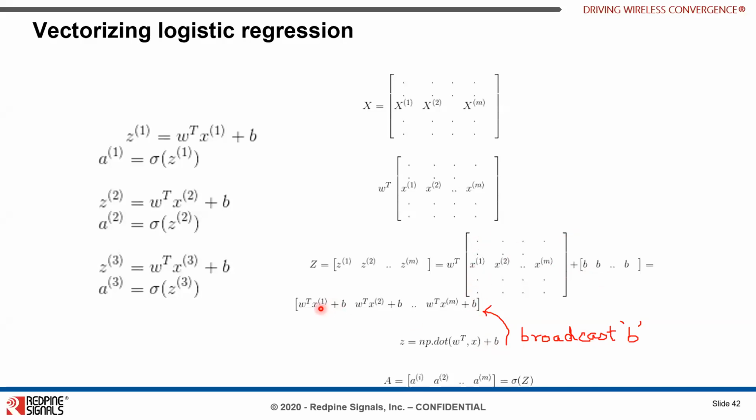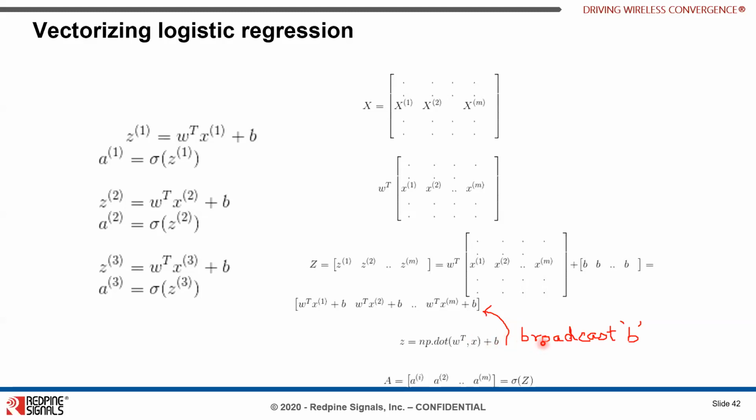So finally we get an output like this: wtx1 plus b, wtx2 plus b until wtxm plus b. This is how we realize it in a vectorized format. These individual terms are nothing but z1, which is wtx1 plus b, z2 is wtx2 plus b, and in this way zm is wtxm plus b. So we write np dot of wt comma x plus b.